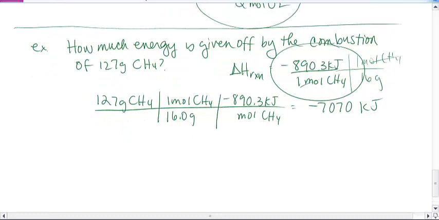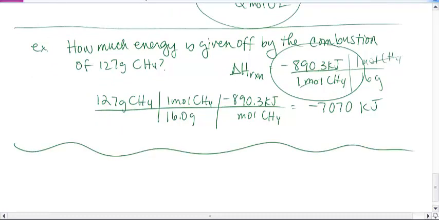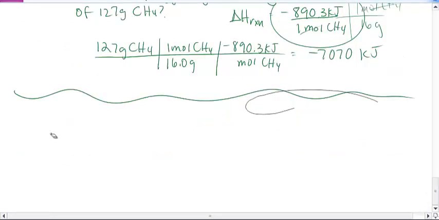There's a big chart. It says heats of formation on it. Enthalpies of formation.